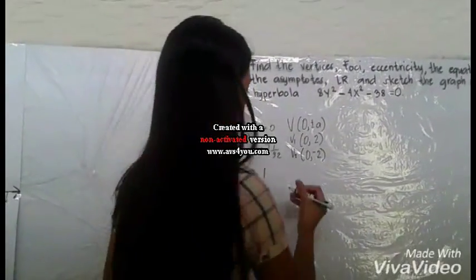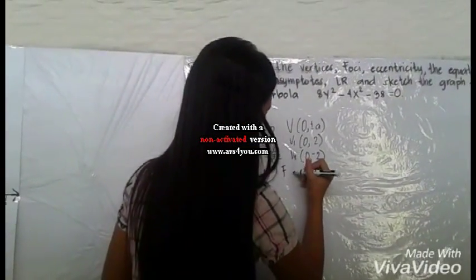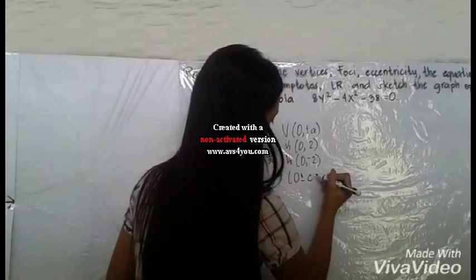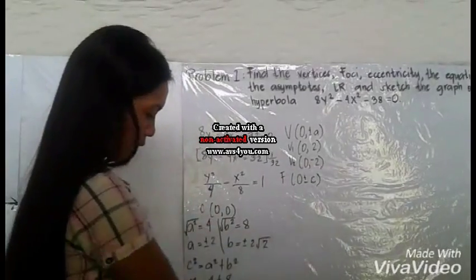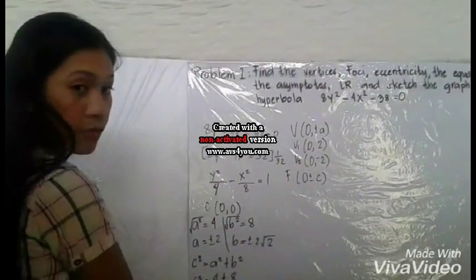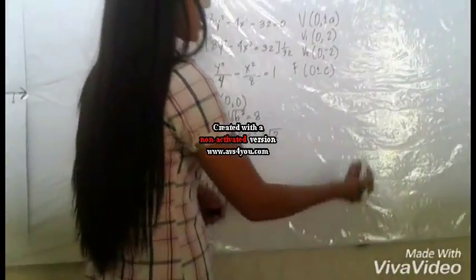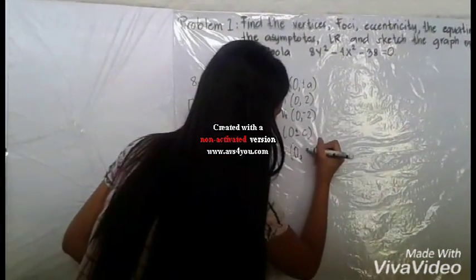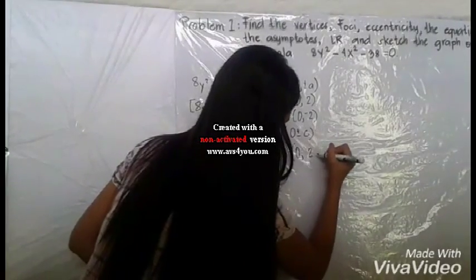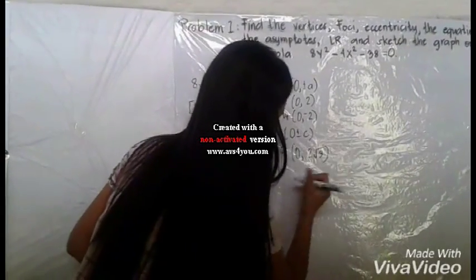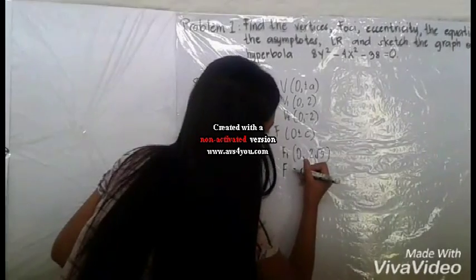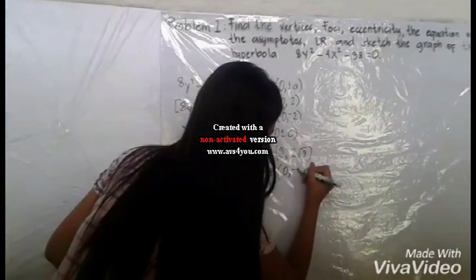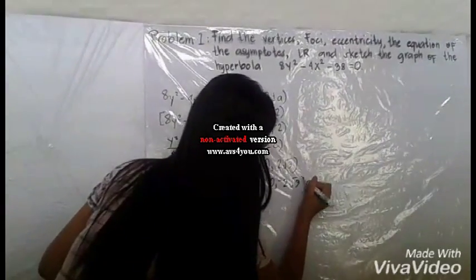And to find our foci, we have 0, positive negative c, and the value of our c is positive negative 2 square root of 3. So we have our focus 1, 0 and positive 2 square root of 3, and our focus 2, 0 and negative 2 square root of 3.